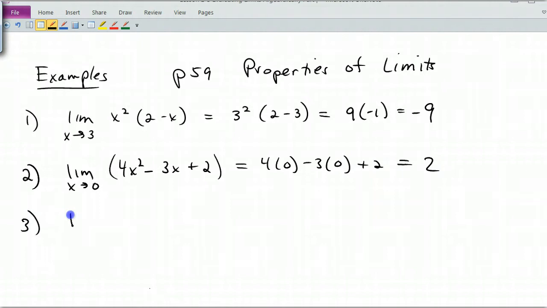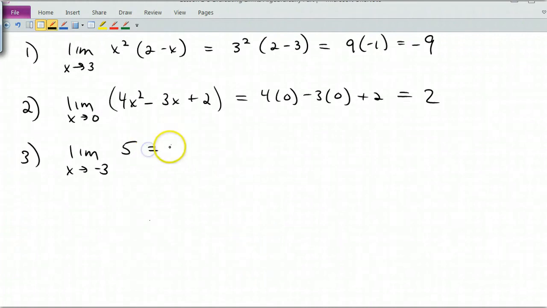Okay, what about a constant function? 5. If you think of f of x equals 5 or y equals 5, it's a horizontal line. The domain is all real numbers, so it doesn't matter where x is going. And in this case, x is going to -3. The y value, or the output, is always equal to 5.